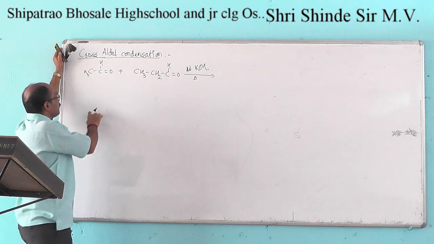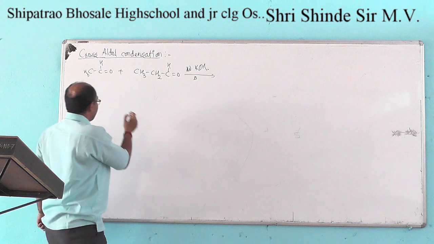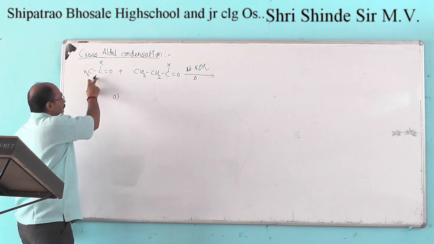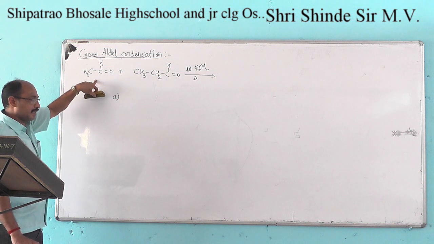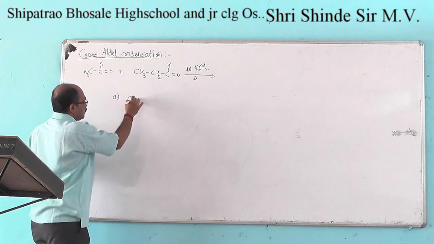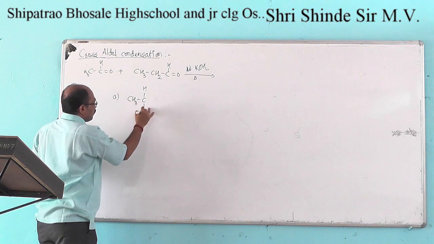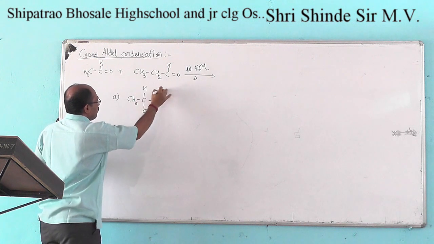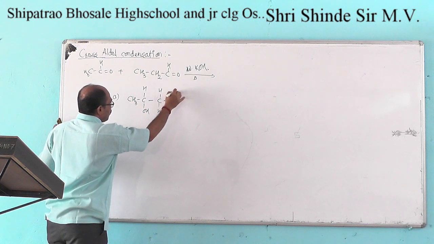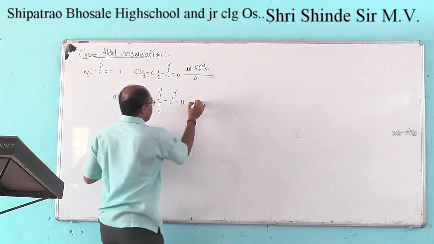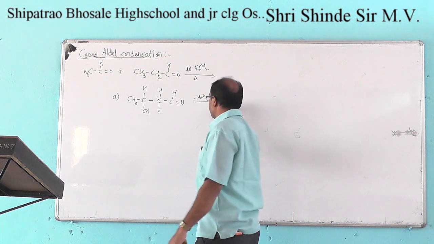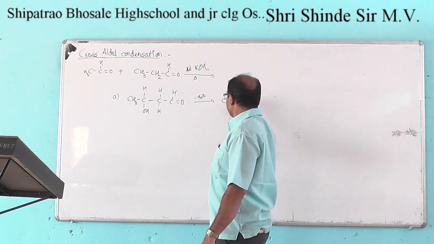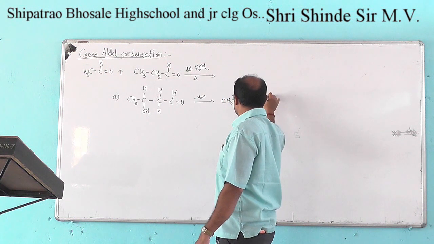First, we have product number 1. Suppose an aldehyde molecule is condensed with another molecule of aldehyde, CH3, to form the corresponding beta hydroxyaldehyde, which further loses one water molecule to form the alpha beta unsaturated aldehyde.